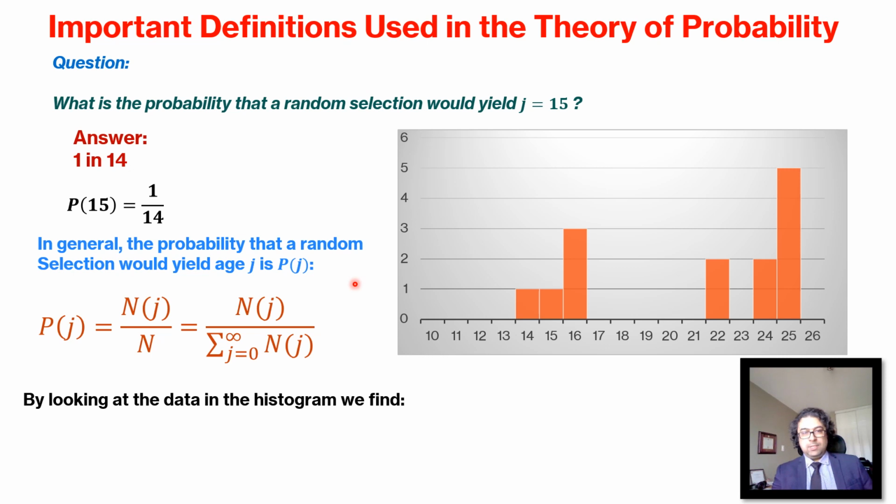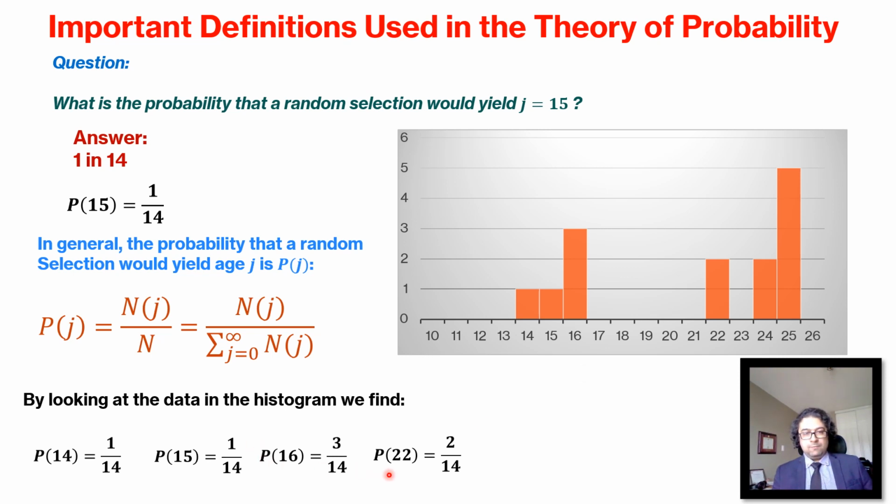So if I look carefully at the histogram, then I would find, let's say, the probability of finding a student at age 14 is 1 over 14, because there's only one student at age 14. Likewise, as we looked into it earlier, the probability of finding a student at age 15 is 1 over 14. The probability of finding a student at age 16 would be 3 over 14, so it's more probable to find a student at age 16 here. And you can see that this is given by a larger height here.